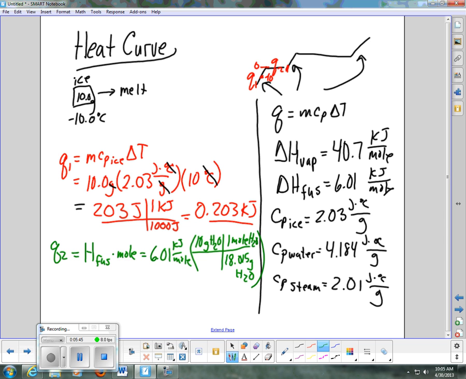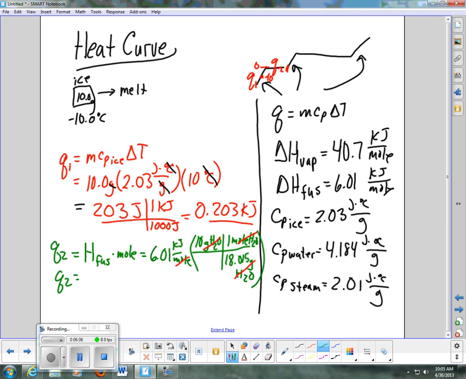So going through to cancel, grams of water cancel, moles of water cancel. I'll be left with kilojoules. So for Q2, what did we get? 6 times 10 divided by the 18.015.